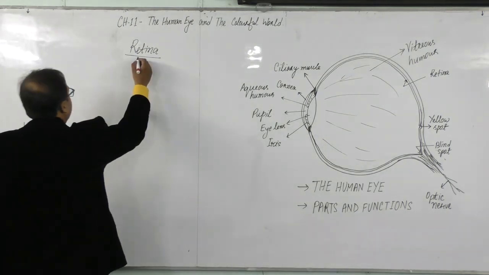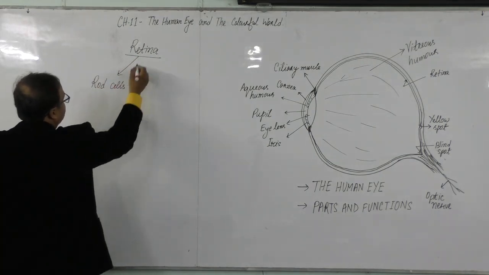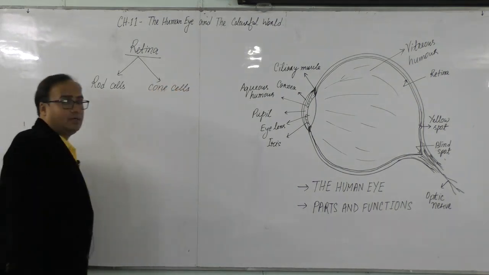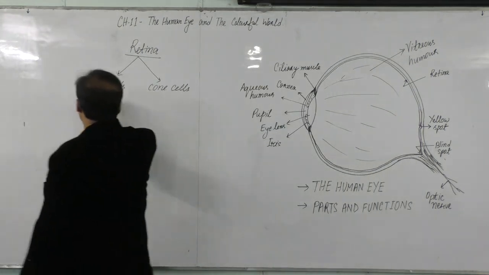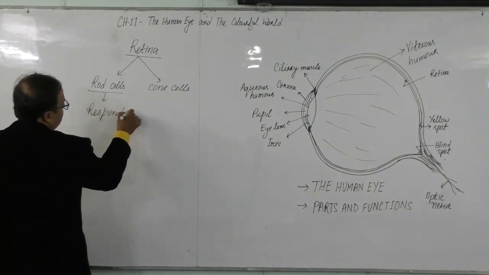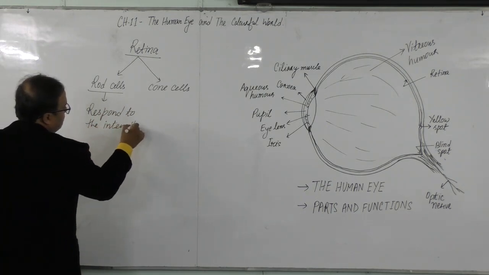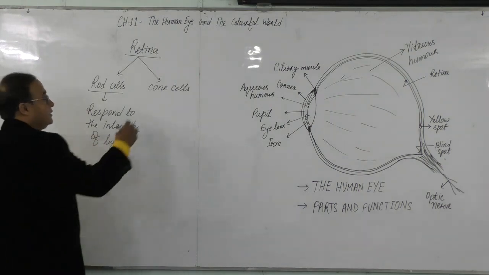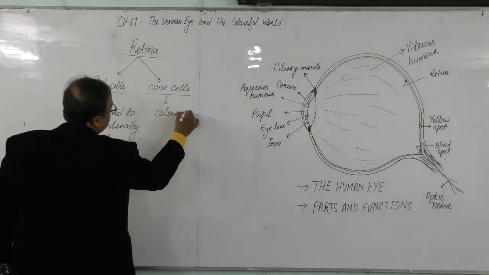This retina is made up of 2 types of cells, rod cells and cone cells. These are light sensitive cells, and these rod cells respond to the intensity of light, and cone cells respond to color of light.